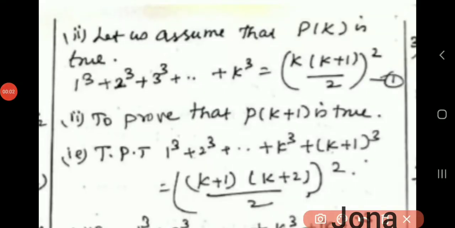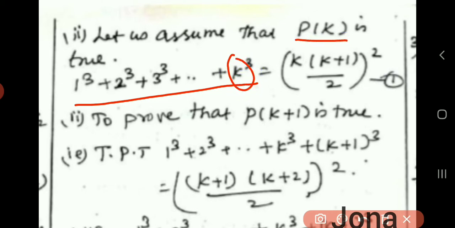Second step, let us assume that P of k is true. That means in the place of n, we have to put k here. Therefore, that given equation becomes 1 cube plus 2 cube plus 3 cube plus etc. plus k cube. Instead of n, we have to substitute k here because it is P of k.